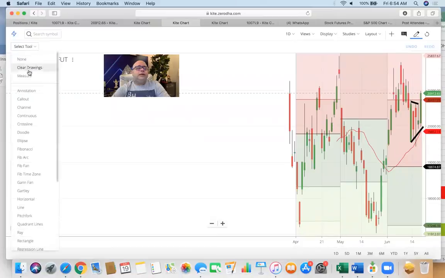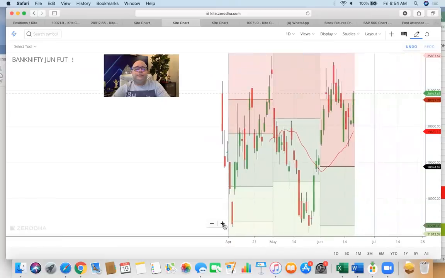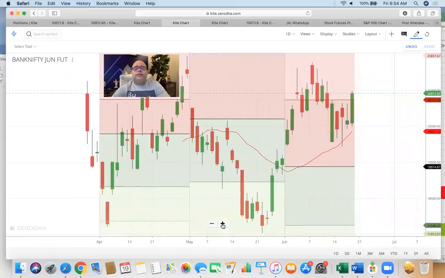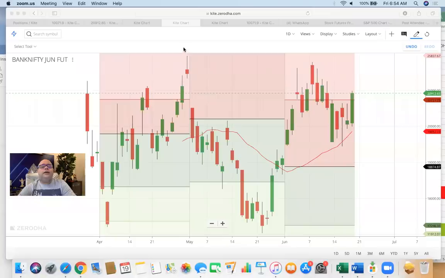Again, you can see a very similar situation where the market is moving above and below the 20, and here we are holding the 20.